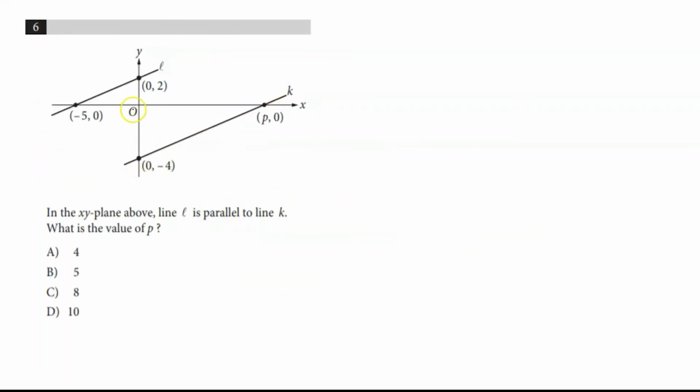We're given two lines here, line L and line K, and we are trying to find the value of p. So they're parallel. That means they have the same slope, and we can find the slope of line L using y2 minus y1 over x2 minus x1, our rise over run formula.